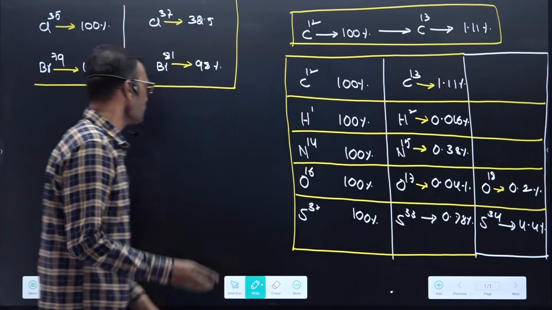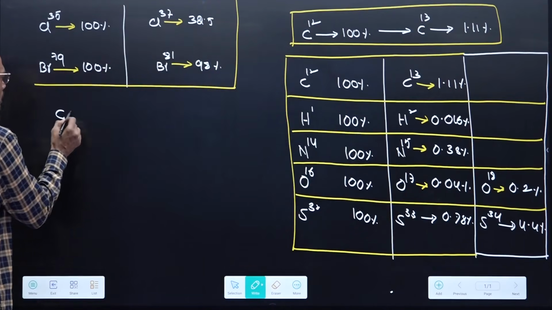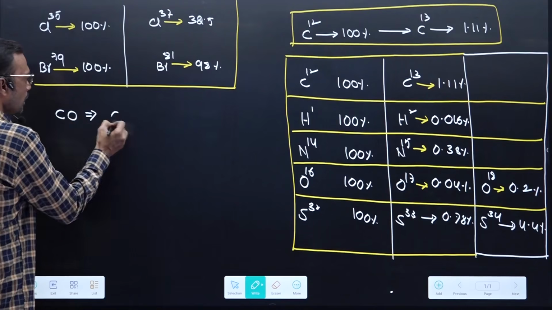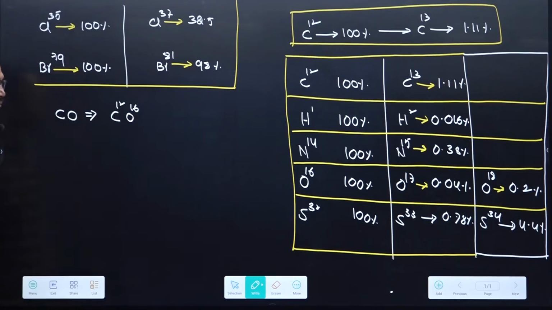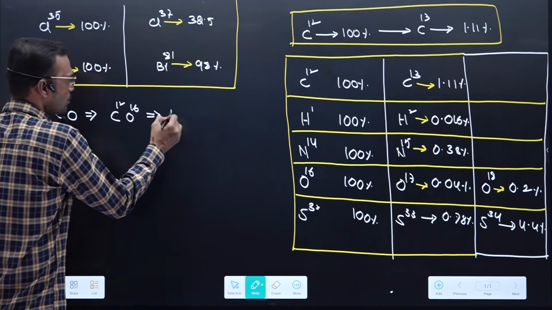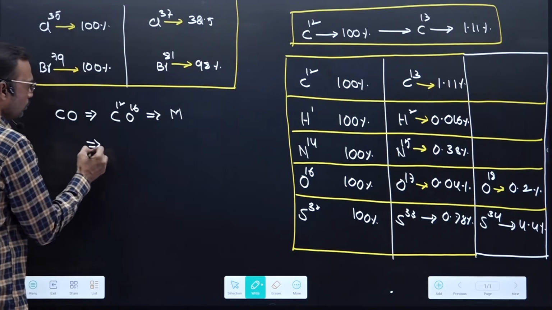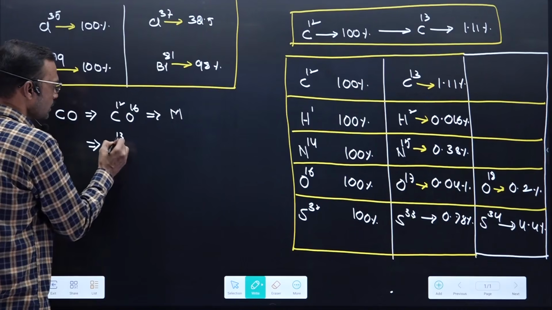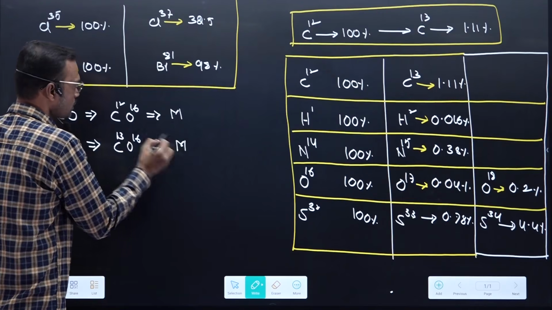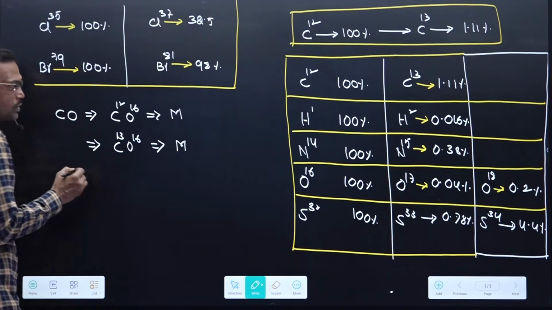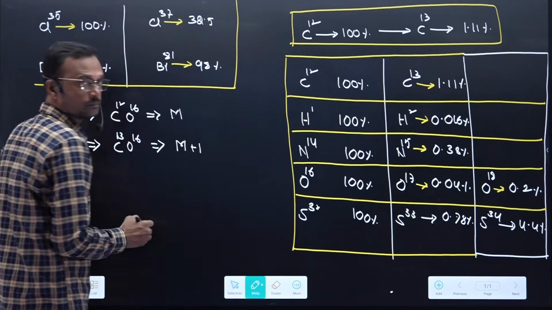Like that. Suppose I take carbon monoxide. What are the lighter isotopes of carbon monoxide? C12, O16, which is taken as the molecular ion. Now this carbon can be taken as C13, O16. So 12 plus 16 is 28, and now it is 29. So this is M plus 1.